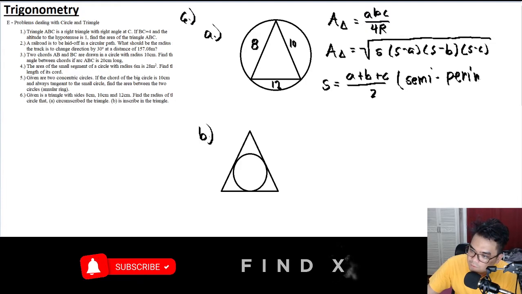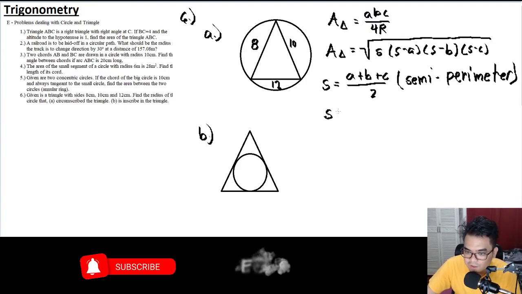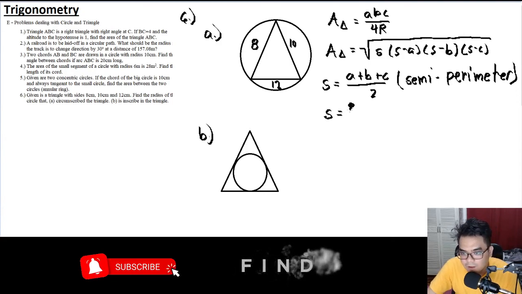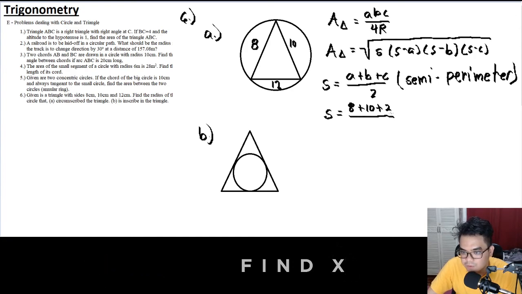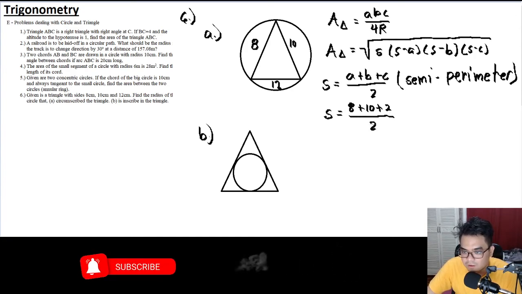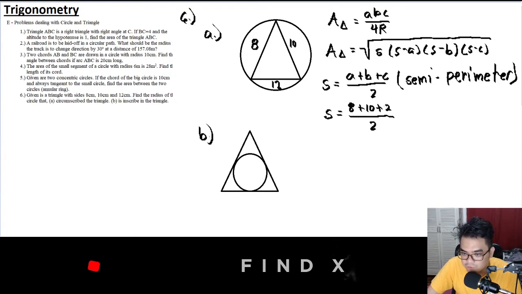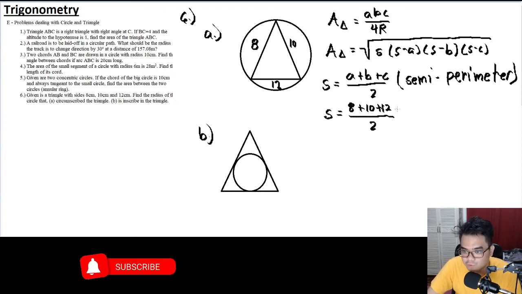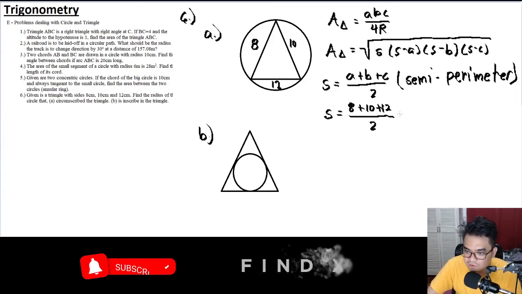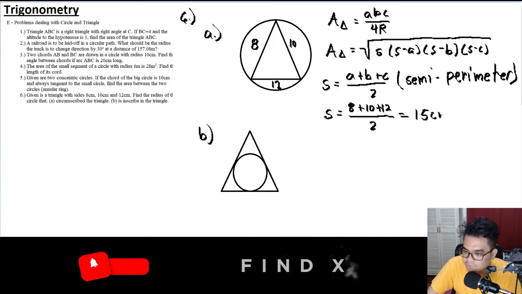So let's try to get S first. 8 plus 10 plus 12. Sorry, this is 12. So 12 plus 8, that's 20, plus 10, that's 30. Over 2, this must be 15. 15 centimeters. So that is S.